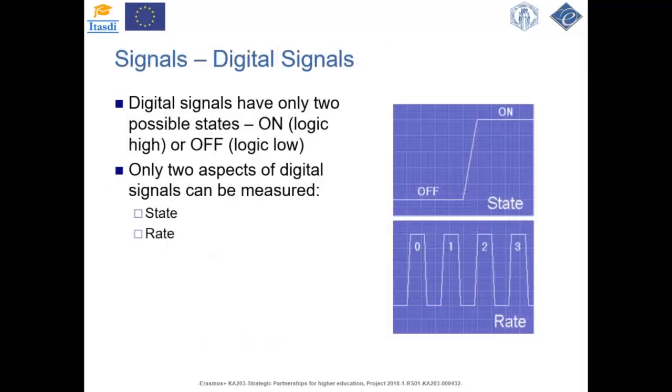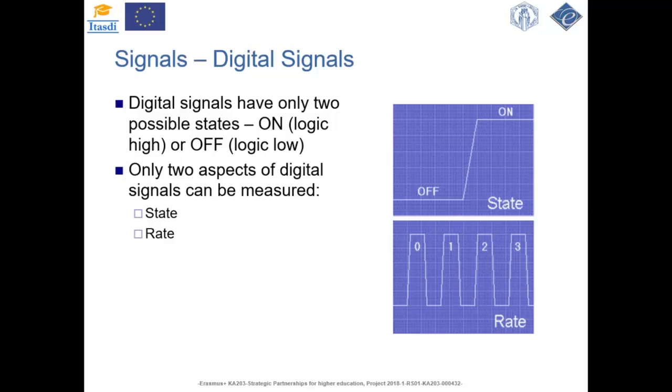So going on to the next slide, we have digital signals. Digital signals have only two possible states: on or logic high, or off or logic low. And there's mostly only two aspects of a digital signal that we can measure, and those are the state and the rate. So the state is, any digital signal only has two possible states, on or off.